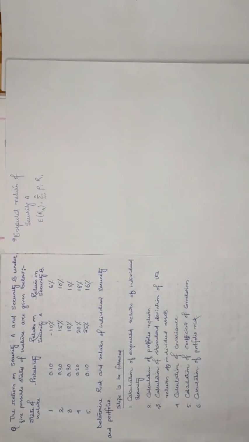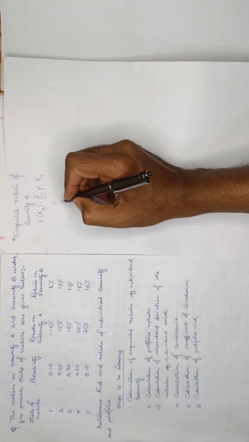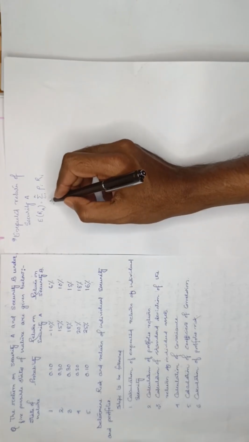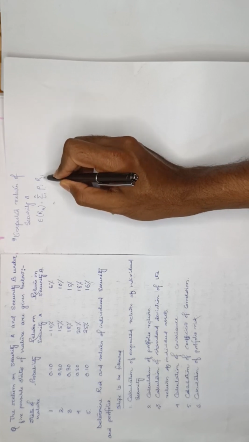As I told you, to calculate the expected return of security A, I will multiply the probability value with the return.